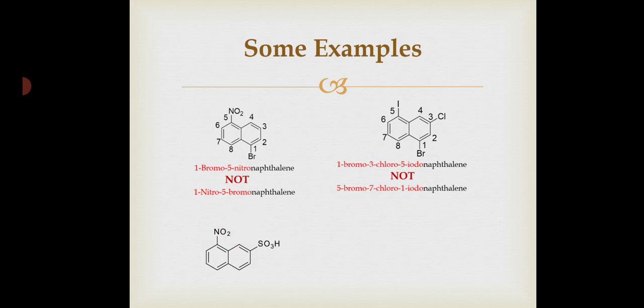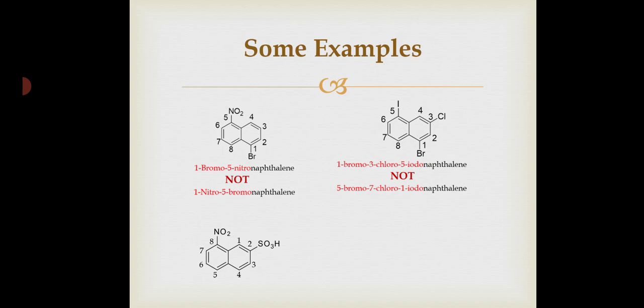Obviously, it will be from here, because once we start numbering from this fused carbon, next to this fused carbon, sulfonic acid group gets 2 number, but if you start numbering from the other fused carbon, from the carbon next to the fused carbon, sulfonic acid group, the number increases, and that is not the rule. The rule is the group should get minimum number, the preferential group should get minimum number.